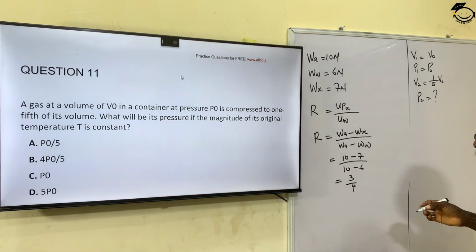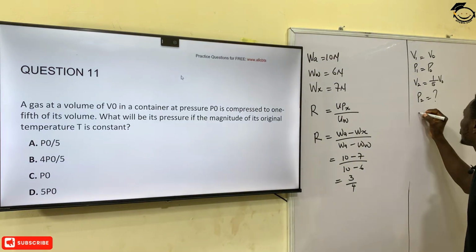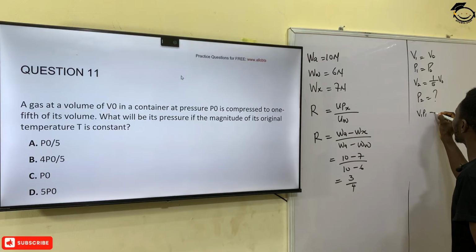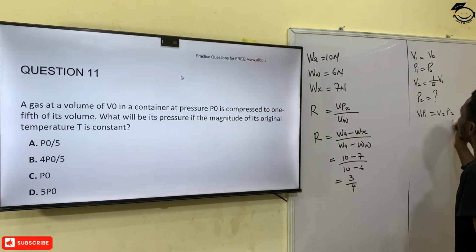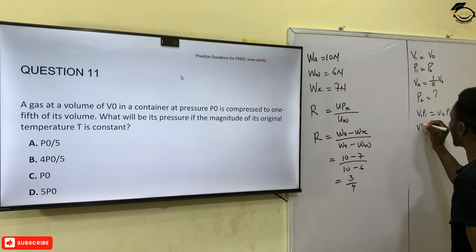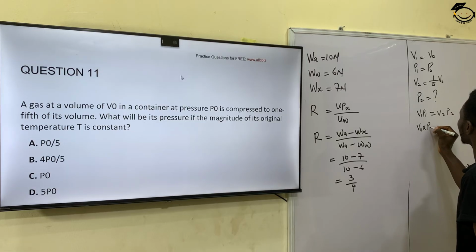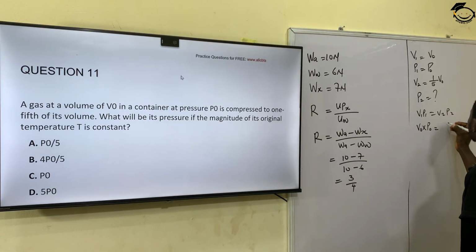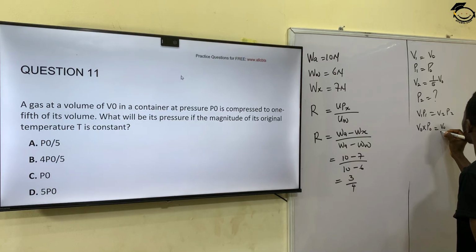So what they are just giving us here is a question based on Boyle's law. We know that from Boyle's law, V1 P1 is equal to V2 P2. This means that what I have is V0 times P0 is equal to V0 over 5 times P2.